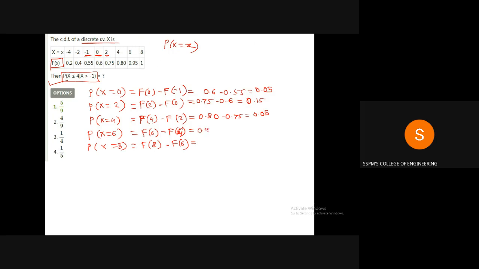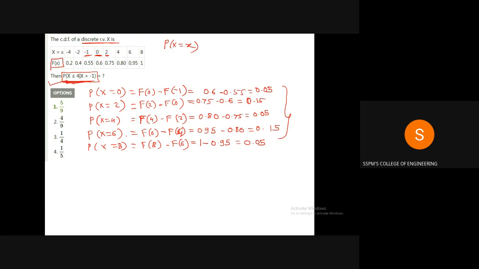Next is 0.95 minus 0.80, which is equal to 0.15. Again, what is the value of f of 8? It is 1 minus 0.95, which is 0.05. So these are all the values that we need to calculate what is asked.